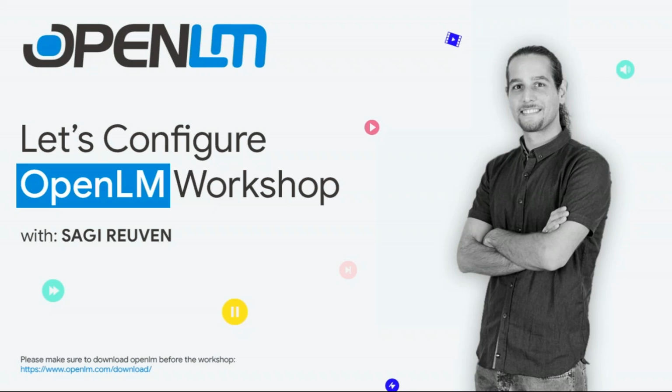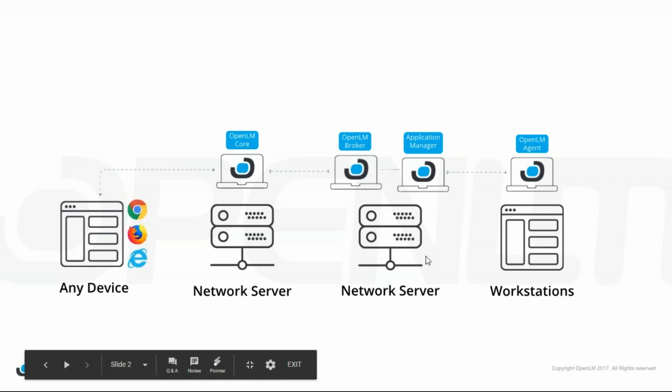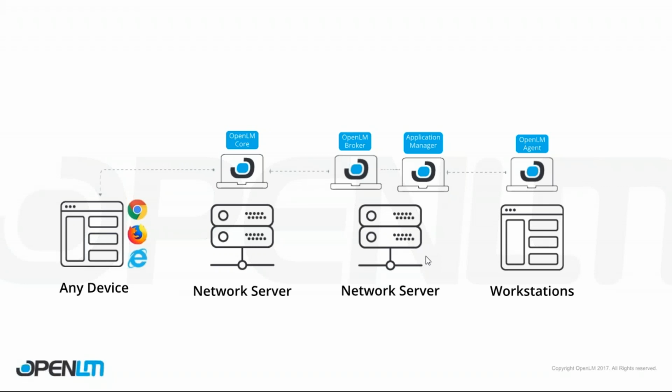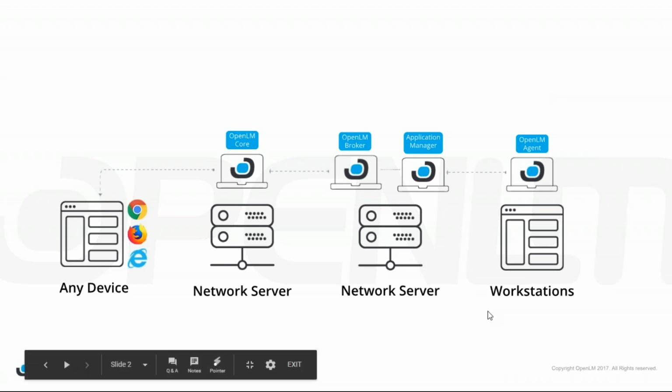So basically, configuring OpenLM, it's pretty simple. In order to configure the App Manager, what you need to do is have the OpenLM Agent installed on the workstations, have the broker and application manager on the same network server, and the OpenLM core on a network server.